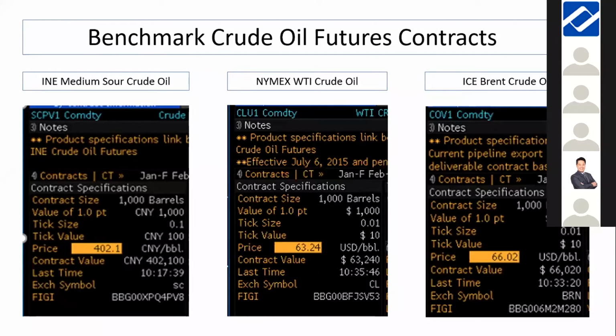Each contract is somewhat similar in that they represent 1,000 barrels of crude oil. Each one is priced per barrel. The WTI crude and the Brent crude are priced in dollars. The advantage that China sees with their new contract is that it's priced in their currency, the RMB.